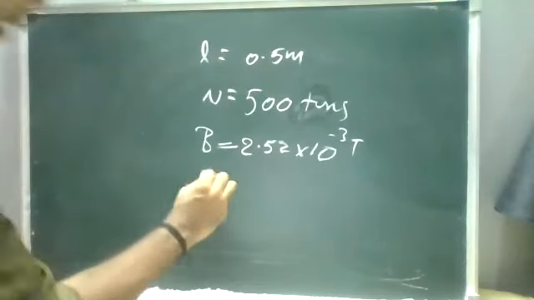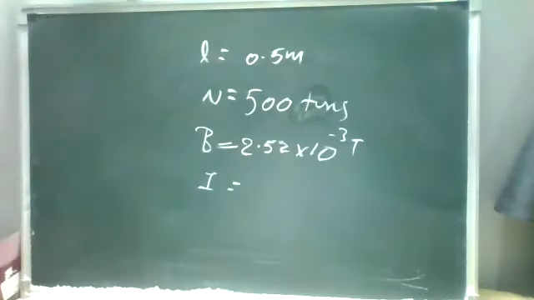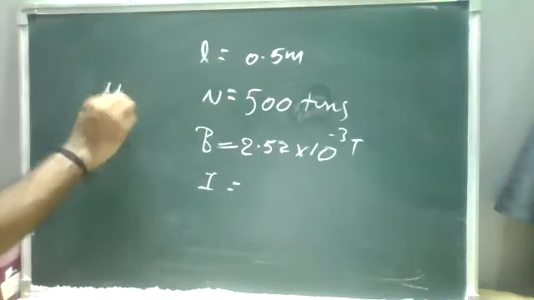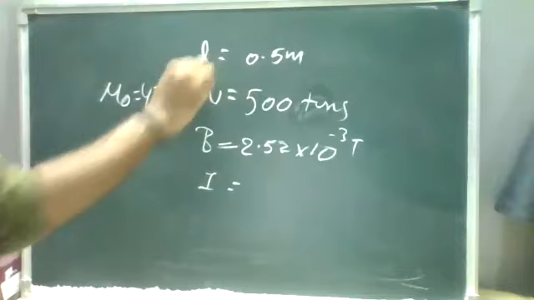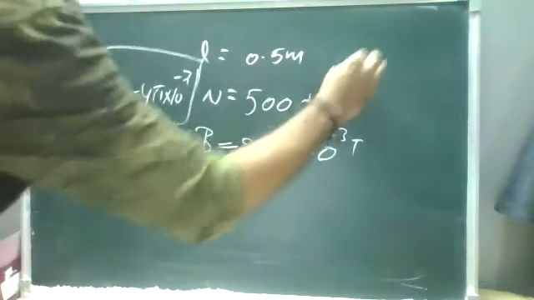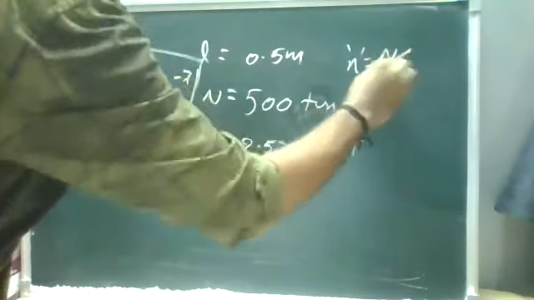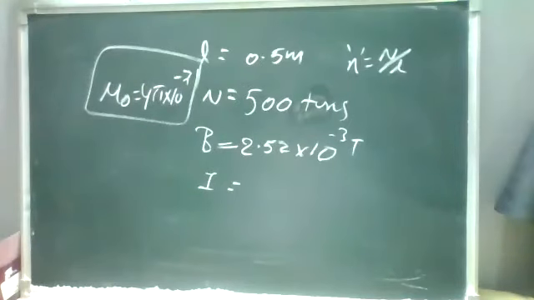Find the current in the solenoid. They have given mu naught as 4 pi into 10 power minus 7. So first, get the small n. Small n is nothing but N by L, number of turns per length.